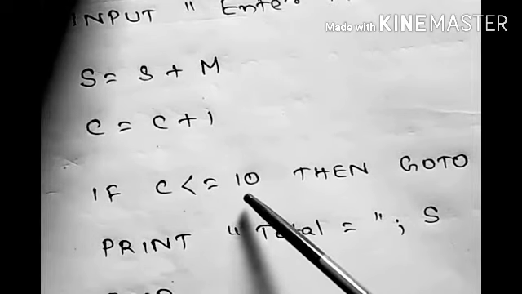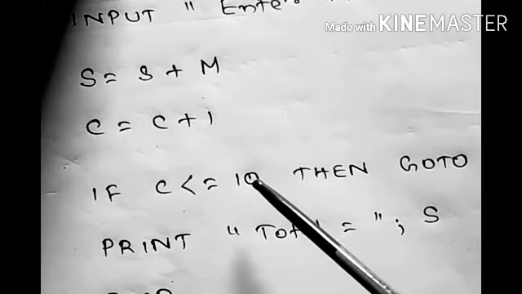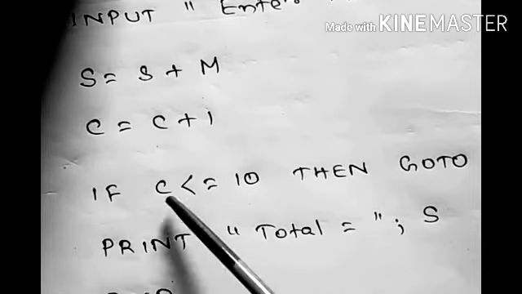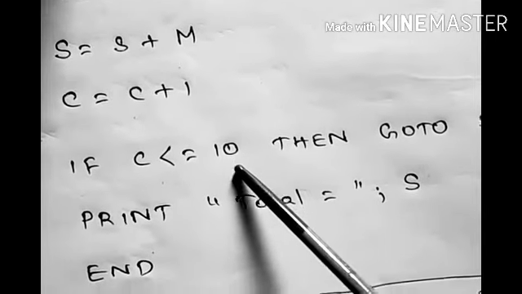Otherwise it will go on unlimited times. So put a limit on the number of executions to make it a conditional program, a conditional goto statement. We use the if statement, and along with it we use the counter variable here.